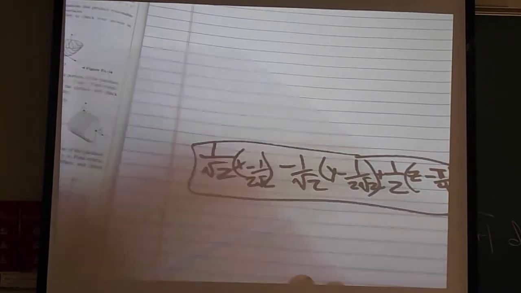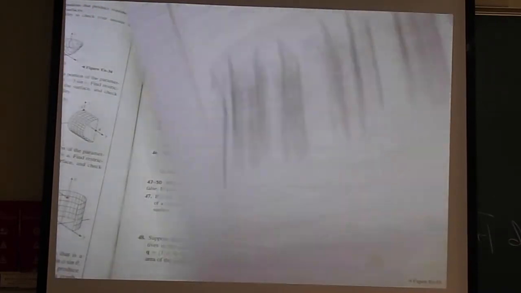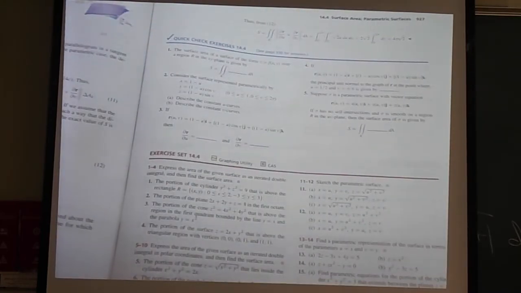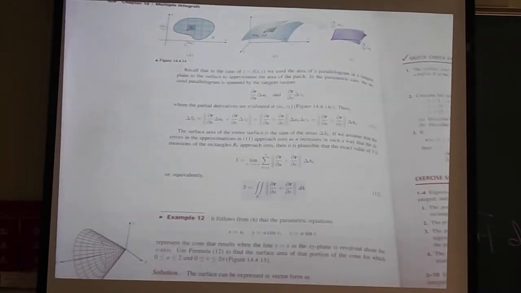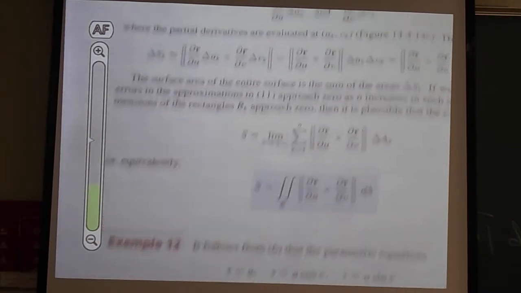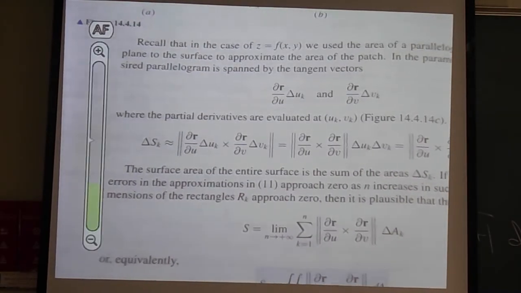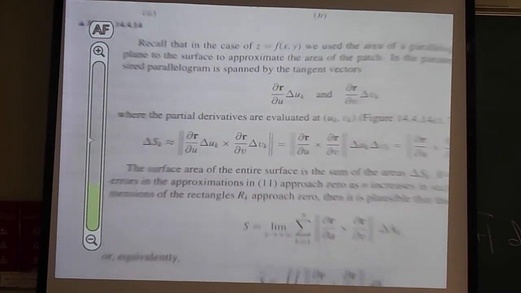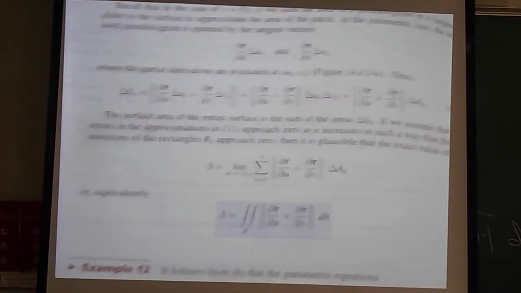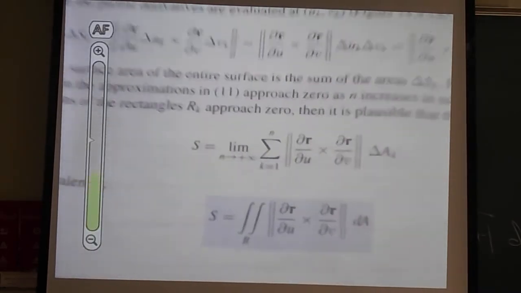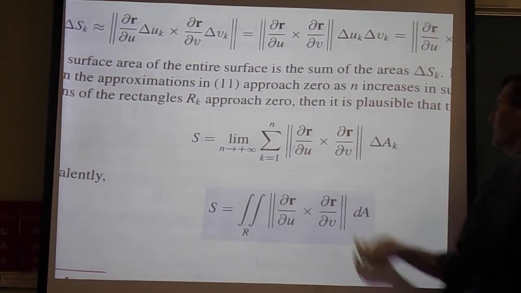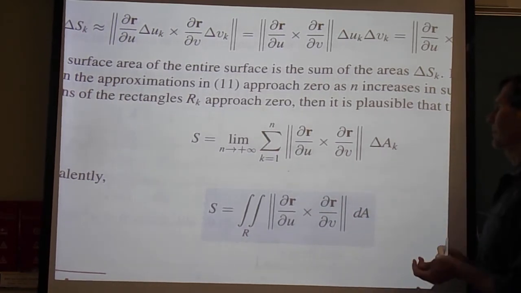I want to point out that parametric surfaces also lend themselves to another formula for surface area. We said before that the little tangent plane piece over the top had area equal to the length of dr du cross dr dv times the area of the plane region.